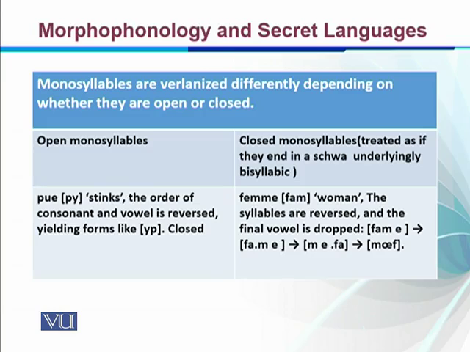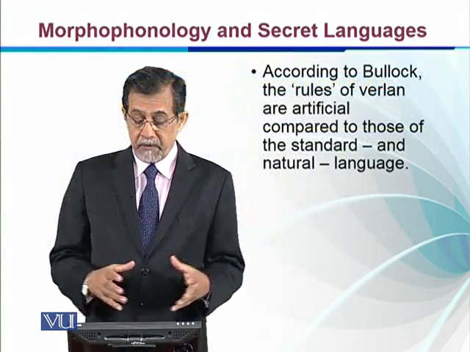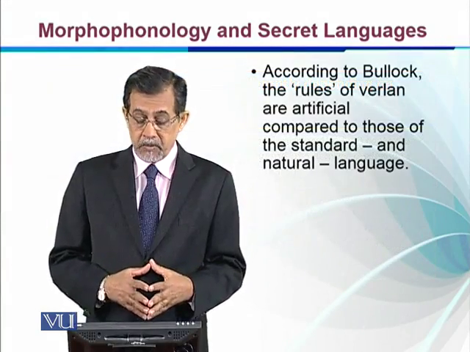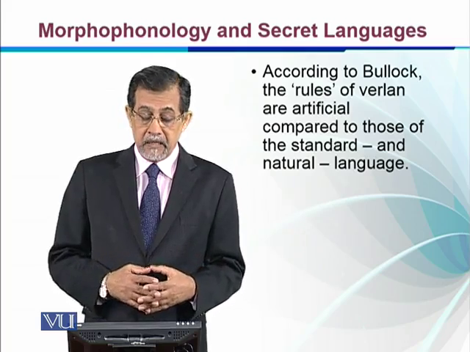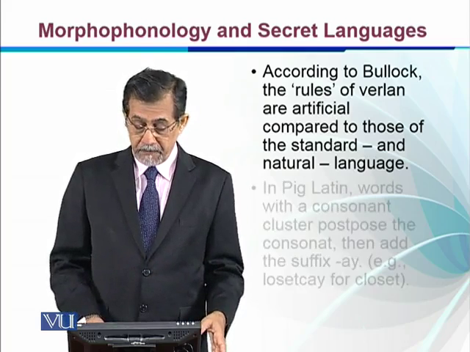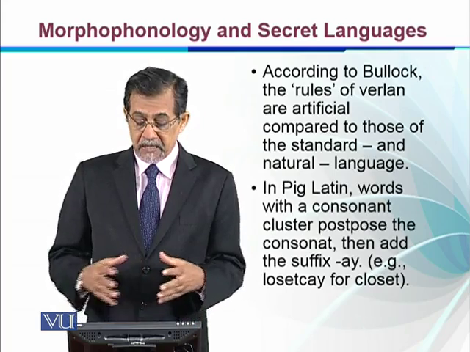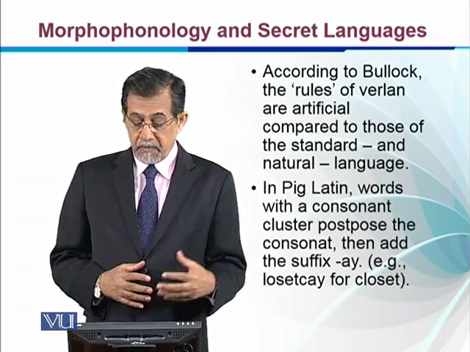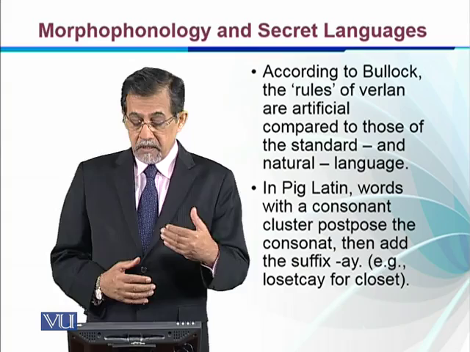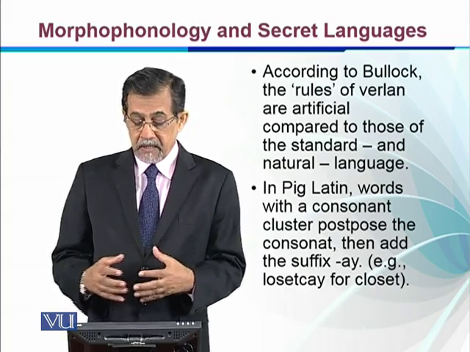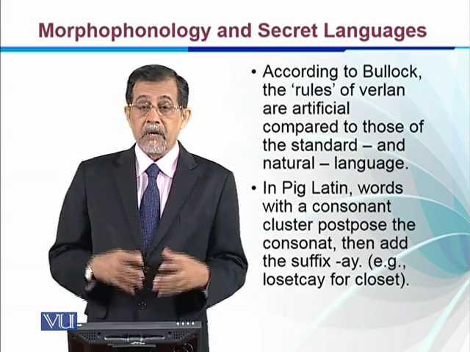So this is Verlan. According to Bullock, the rules of Verlan are artificial compared to those of standard and natural languages. In Pig Latin, for a word with a consonant cluster, the consonant is shifted, then we add the suffix "a." Let's say we have "closet."